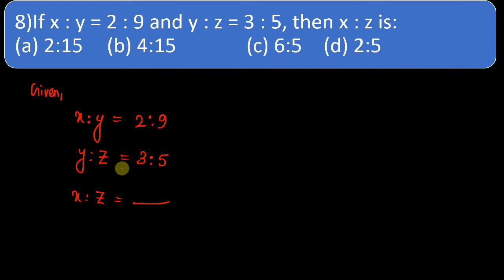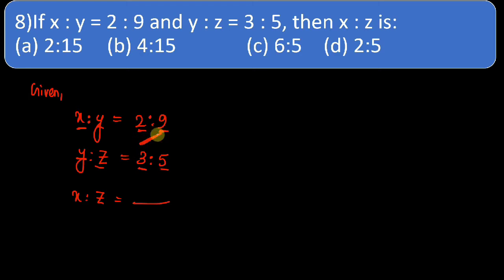As you can see, all of you have done this sum in the previous classes, but in order to get the right concept out of that, we have to remember these short things from previous classes. So here you can see, x is given as 2 and y is given as 9. Here y is given as 3 and z is given as 5.